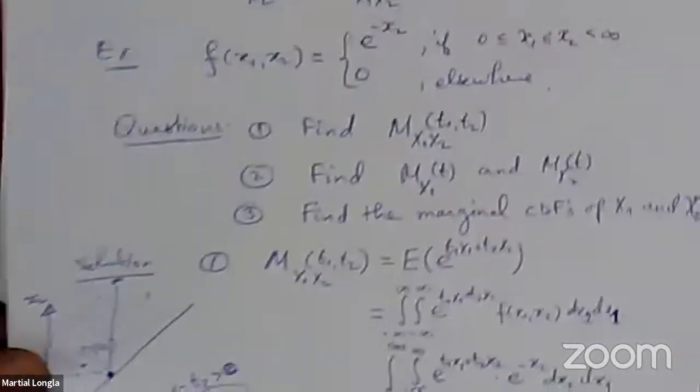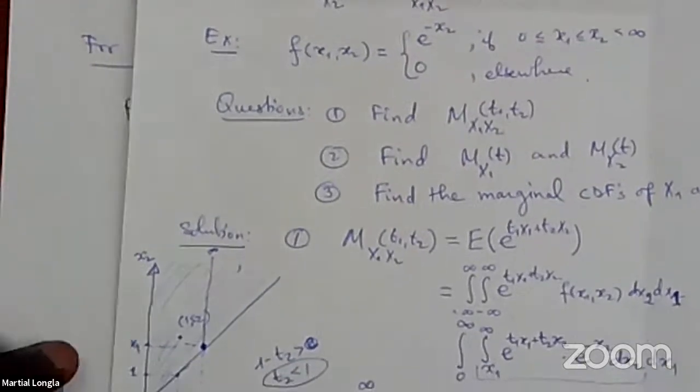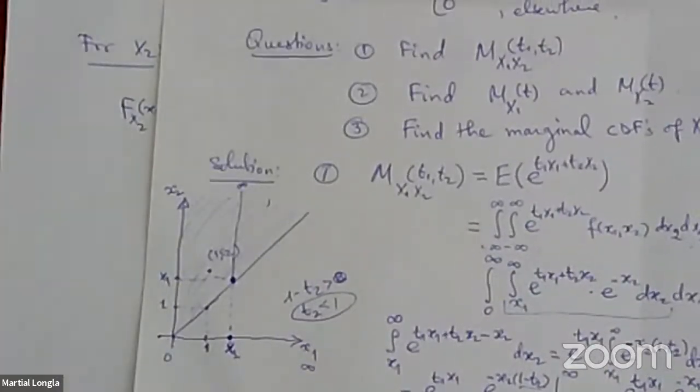Now looking at this same graph that I gave you earlier, how would we integrate dx1? To integrate dx1, where do we fix the value? We fixed x1 before because we were integrating dx2.